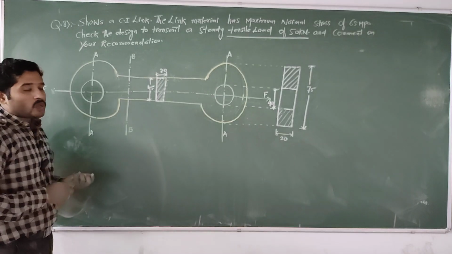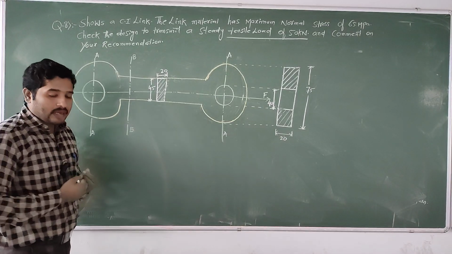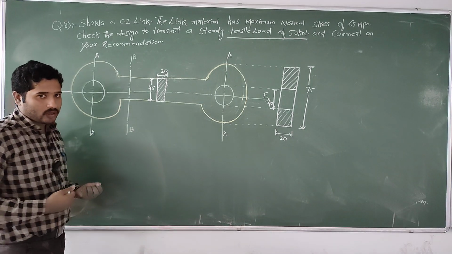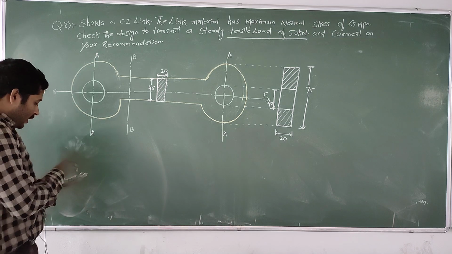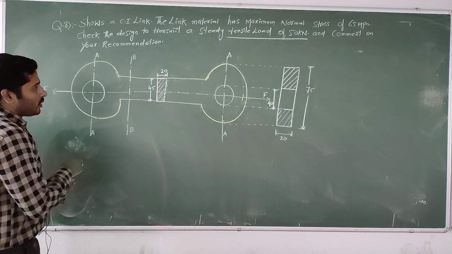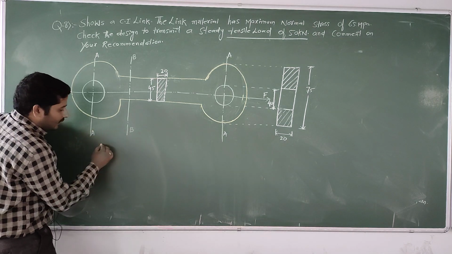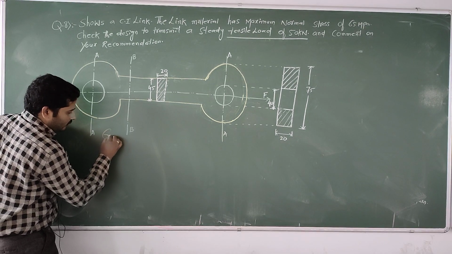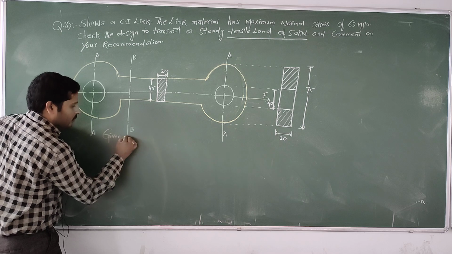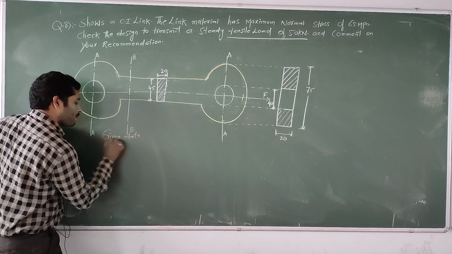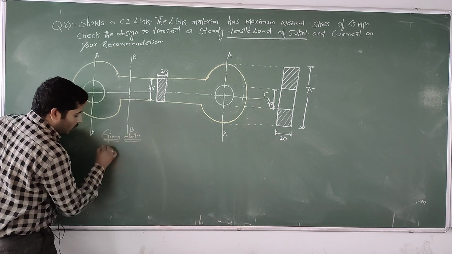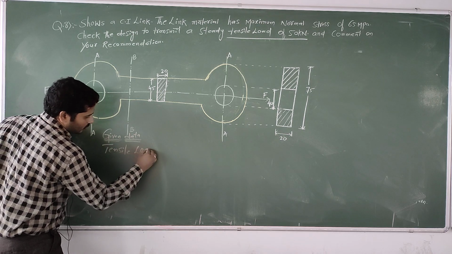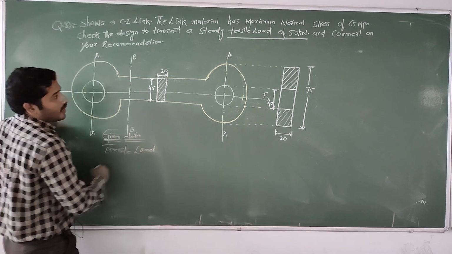Is it right? So which one is the greater maximum stress induced? We need to find out. Let us see. In the given data, the first thing is the tensile load. How much is given here?